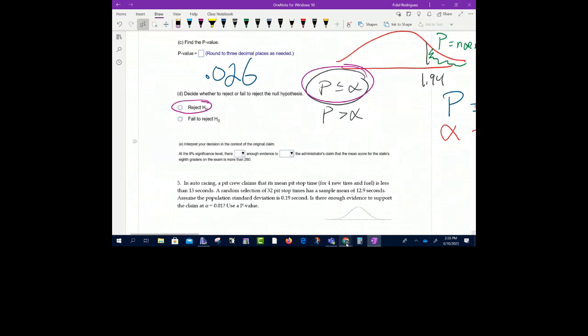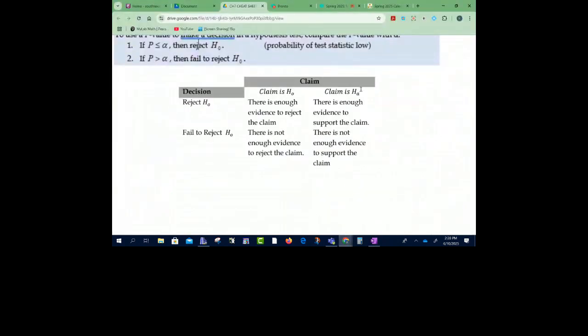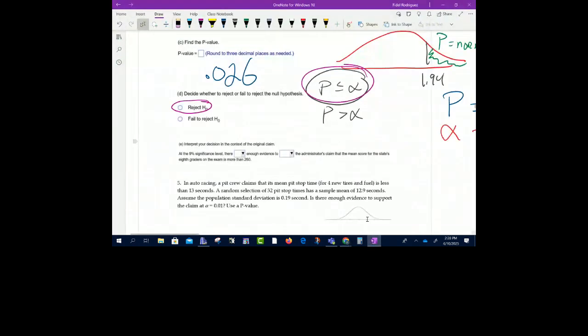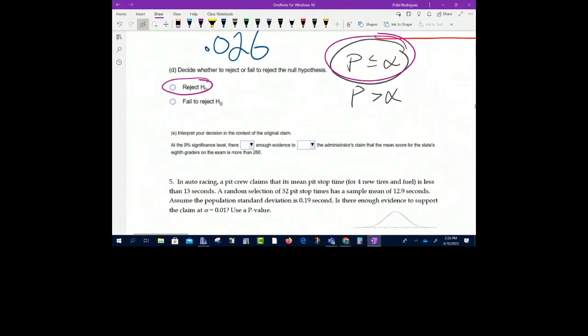We rejected it, right? So when the claim is the Ha and we're rejecting the Ho, we're going to say there is enough evidence to support the claim. So I'm going to say at the 9% significance level, there is enough evidence to support the claim. Does that make sense?